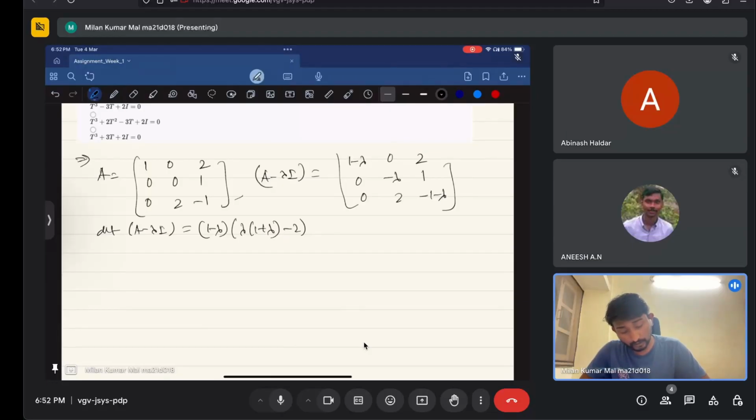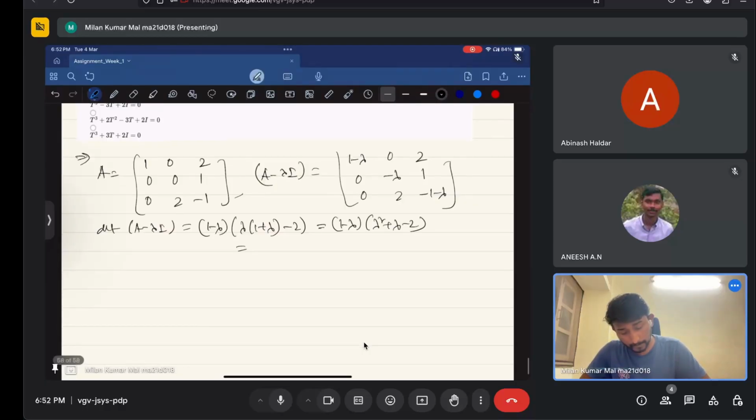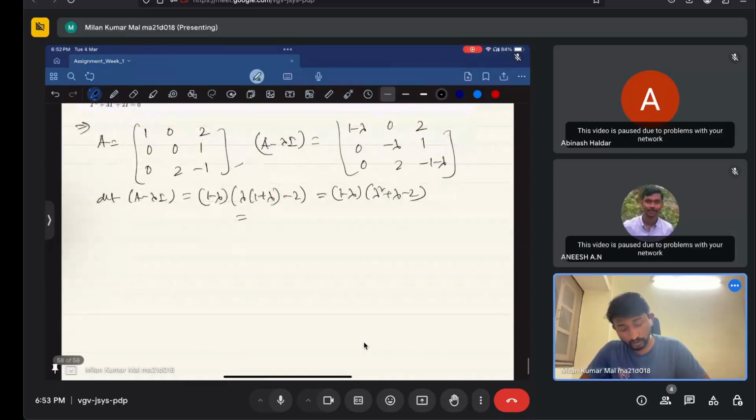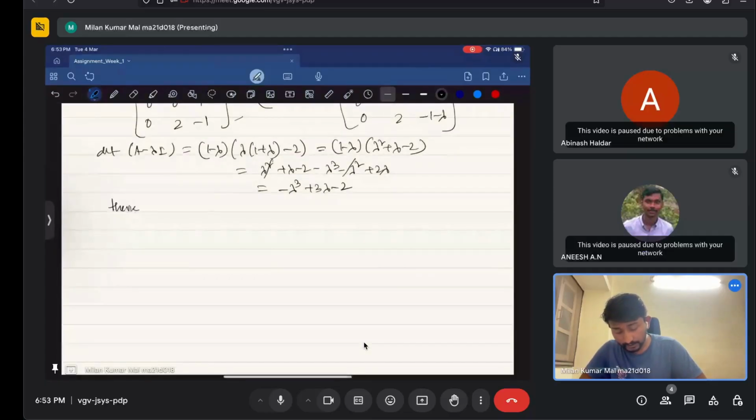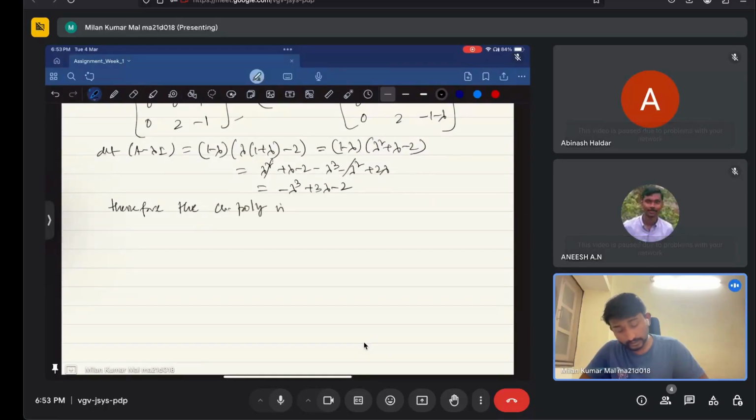This is the characteristic polynomial. So this equals (1 minus lambda)(lambda square plus lambda minus 2), which is lambda square plus lambda minus 2 minus lambda cube minus lambda square plus 2 lambda. Lambda square cancels out, so this will be minus lambda cube plus 3 lambda minus 2. Therefore the characteristic polynomial is lambda cube minus 3 lambda plus 2.